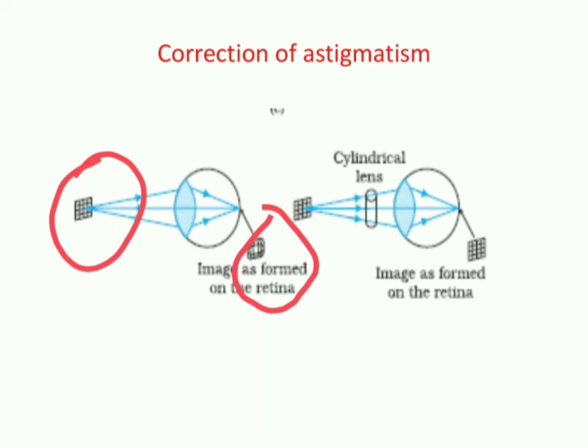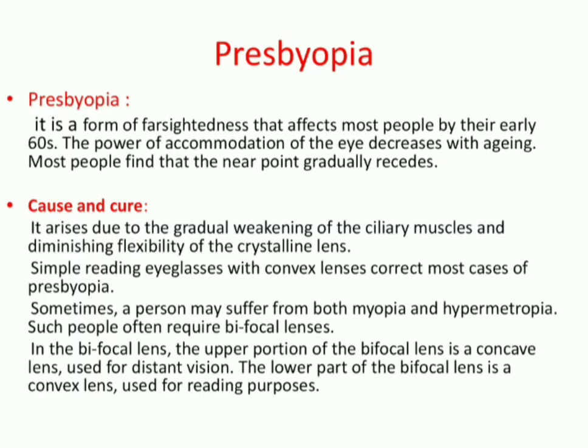Because this defect is due to loss of curvature of the eyeball, it can be corrected by using cylindrical lenses. A cylindrical lens is cut to add curvature to the eye. The required curvature, whatever is missing for a human eye, is added by using a cylindrical lens. In the second diagram you can see that if you use a cylindrical lens, the defect is corrected.